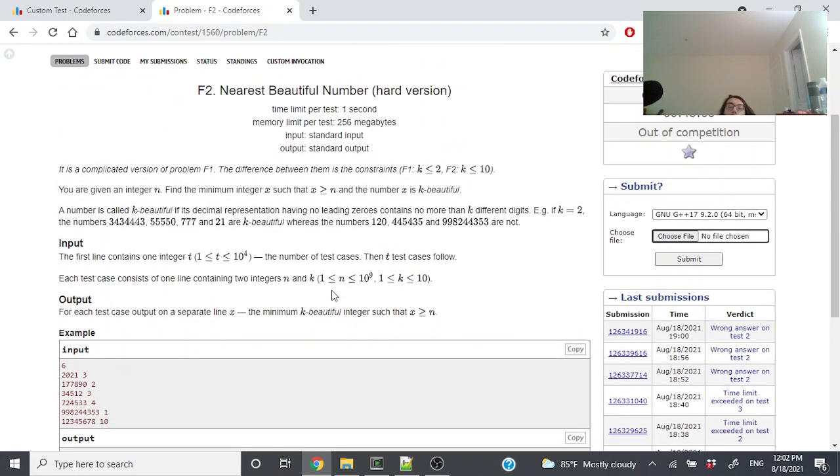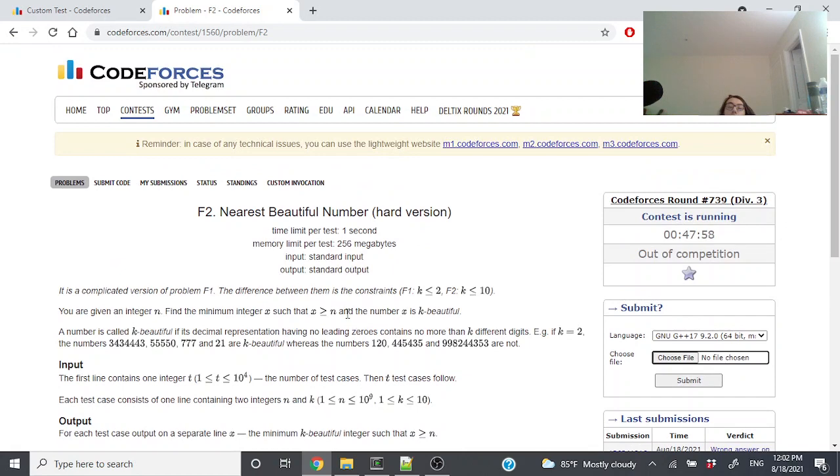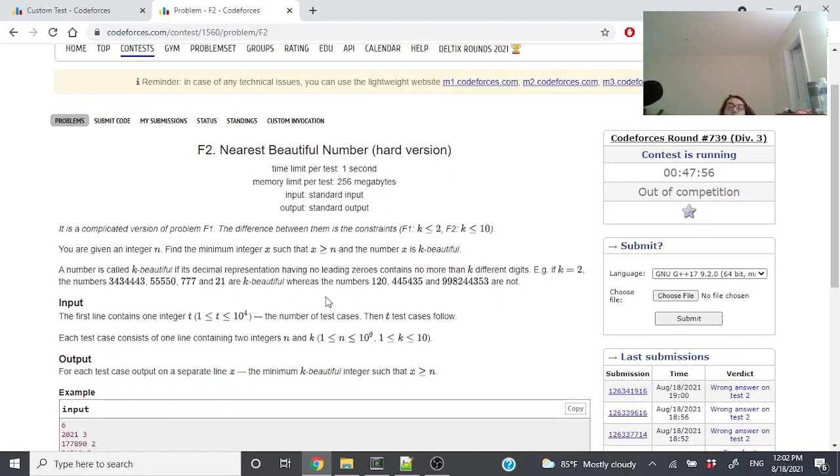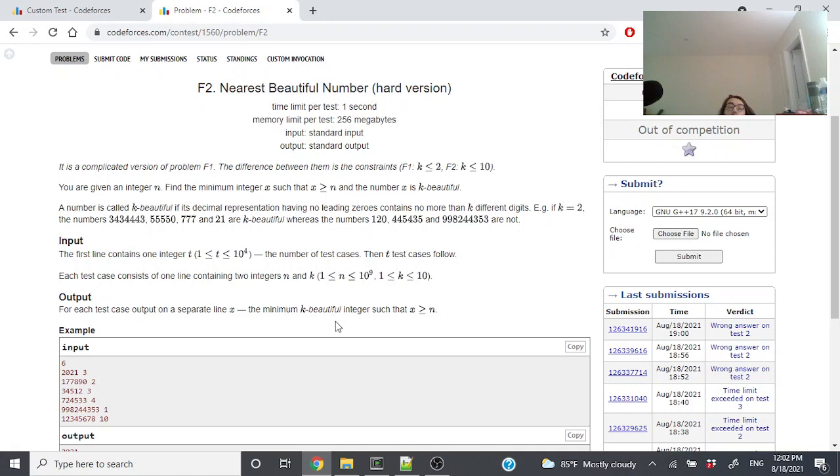And the tests are garbage, but they're also somehow not. Well, the problem is garbage. That's what matters.